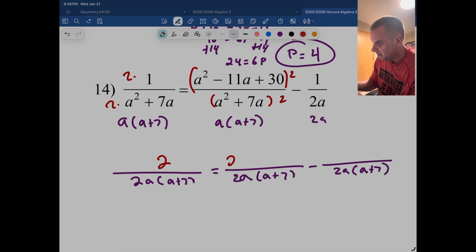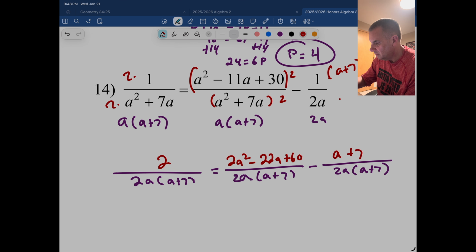2a squared minus 22a plus 60. And I have to multiply this by a plus 7. So I've got 2 is equal to 2a squared.